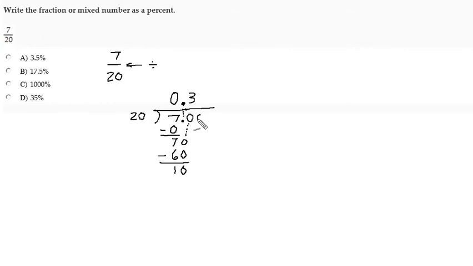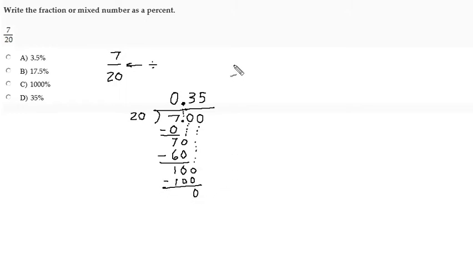Now, if we keep wanting to divide, which we do, we insert a 0, bring it down to the remainder level, and now we ask ourselves, how many times does 20 divide into 100? Well, last time 4 times 20 was 80. If I go up to 5 times 20, that makes 100, and that's exactly a match. 5 times 20 is 100, with the remainder now 0.